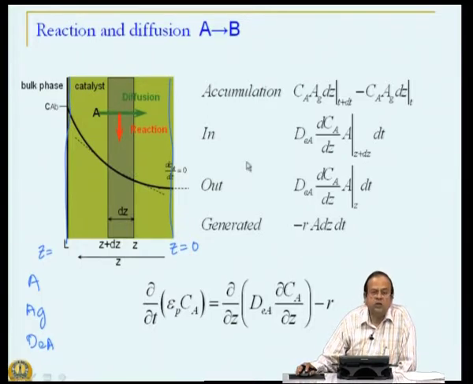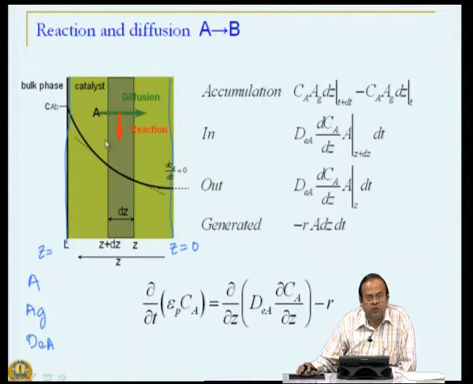This accumulation is a result of material coming in. It is coming in at z plus dz because of diffusion. So, the flux, that is moles per unit area, is given by DEA dCA/dz multiplied by the area A. Remember, while defining effective diffusivity, we incorporated per unit cross sectional area, not the void area.